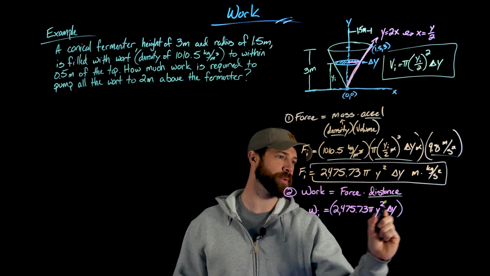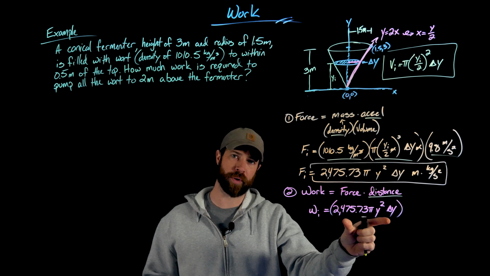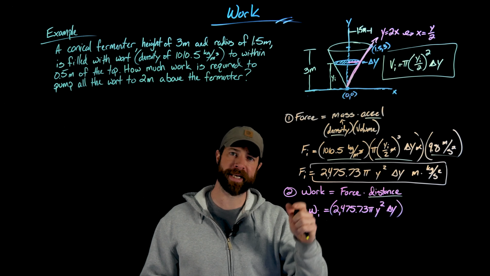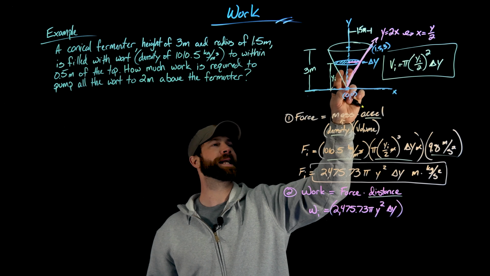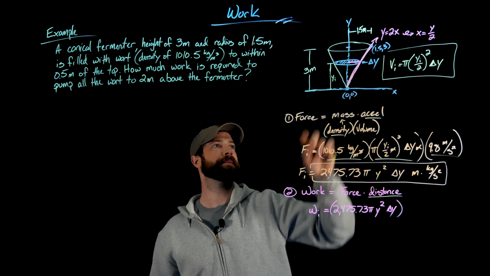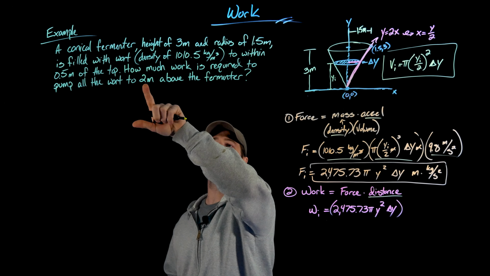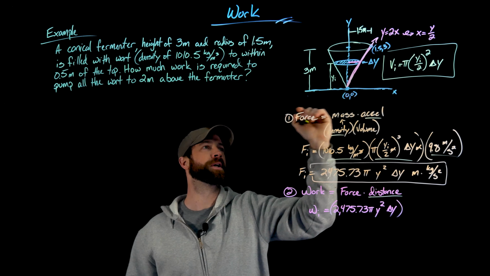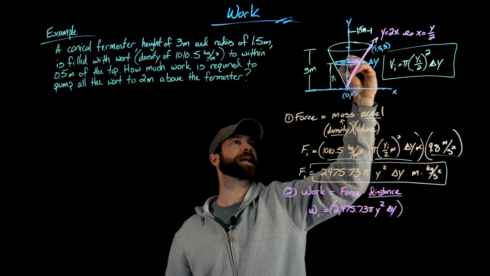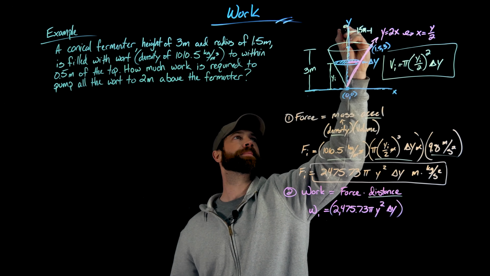What I need to do is analyze each of these slabs. I'll have calculated the force. I need to figure out how far they need to go. And so what I'm looking at is how far do I need to pump this slab right here? Well, if you remember in the problem, we want to pump it to 2 meters above the fermenter. So let's think about there being this little pipe inside here that we're going to pump up to.